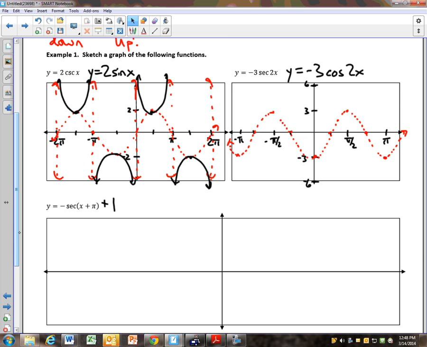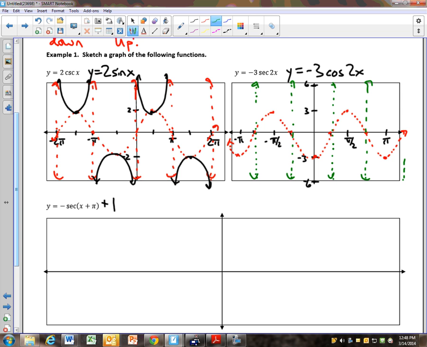Vertical asymptotes? Now just draw your U-shapes.